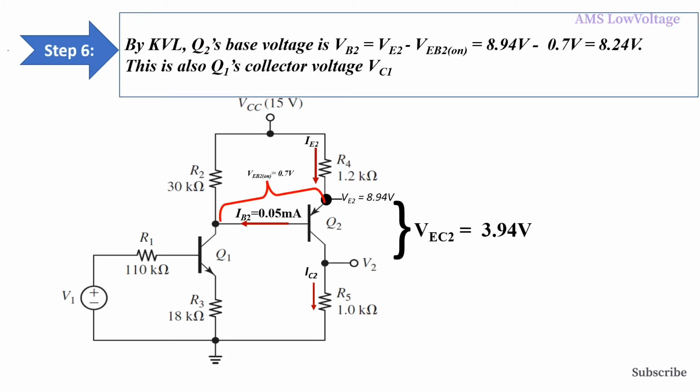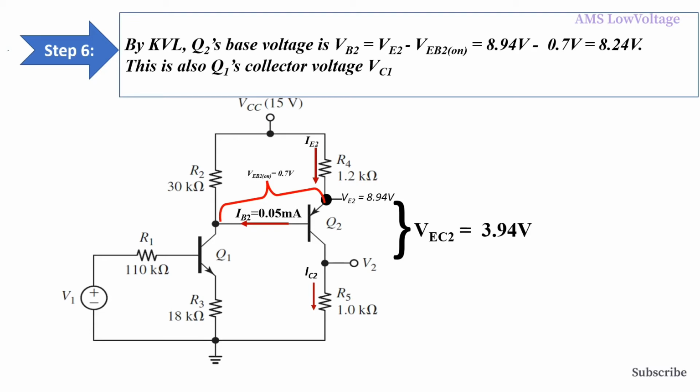Step 6. Now we want to find VB2, the base voltage of the transistor Q2. For that, VB2 is VE2 minus VEB2 on. That means 8.94 volt minus 0.7 volt equals 8.24 volt.